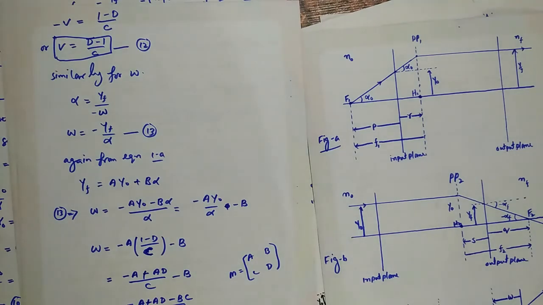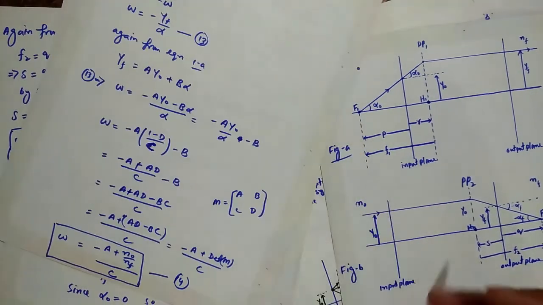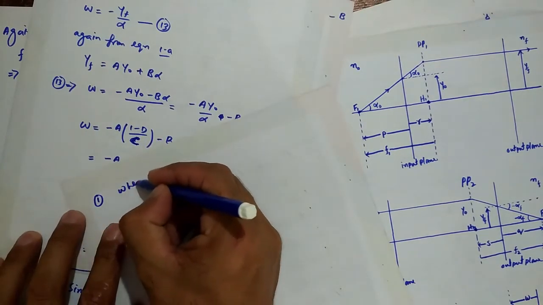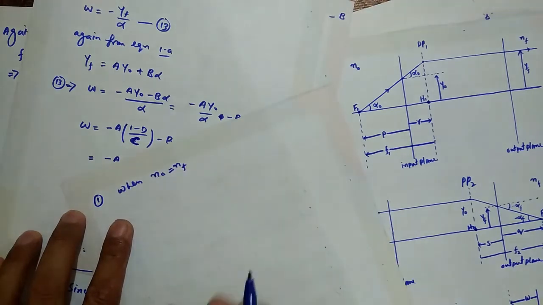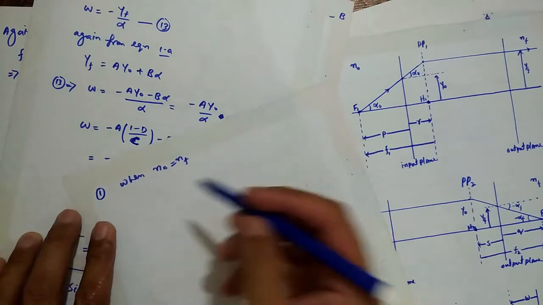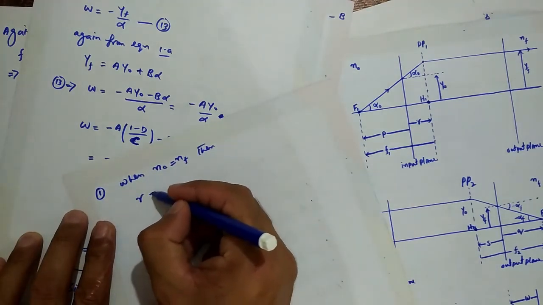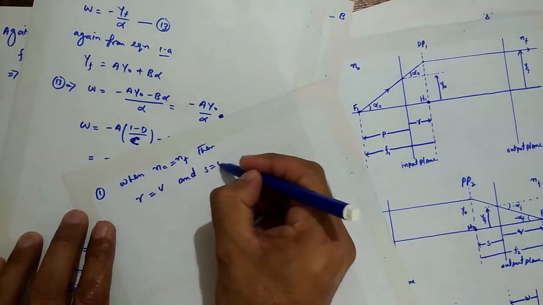So in that case, the principal point and nodal points coincide, that is R will become V and S will become omega. Let me write here that this is the first case, when N0 and NF become equal, then R will be equal to V and S will be equal to omega.